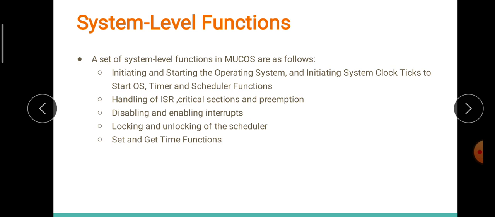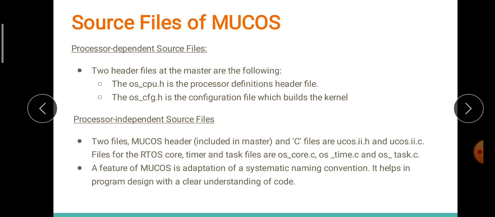For example, we have functions like OS task create, which is a function that creates a task. So it's easy to relate the function names with the actual purpose of the function, because of this particular naming convention.